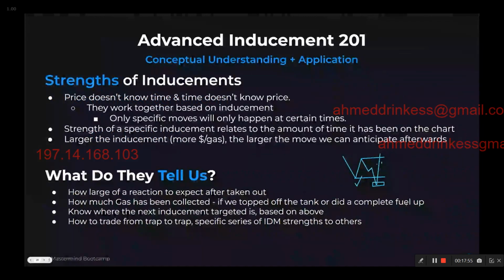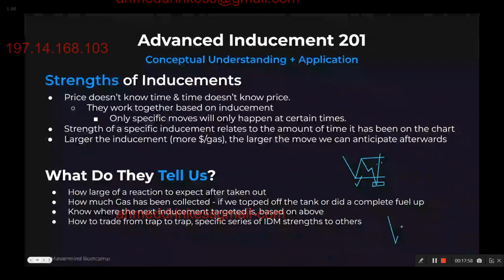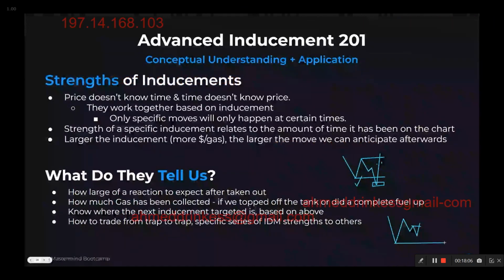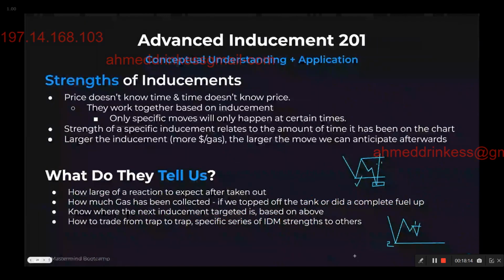Compared to if you are just doing a top off on your tank, getting barely, where are we going? We're still going to our destination because we're just doing a quick top off to get there.